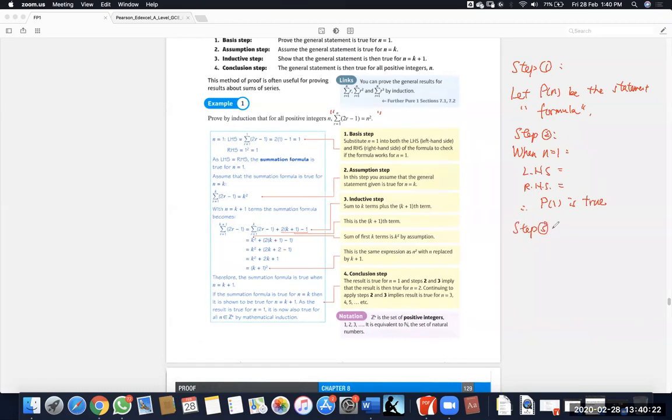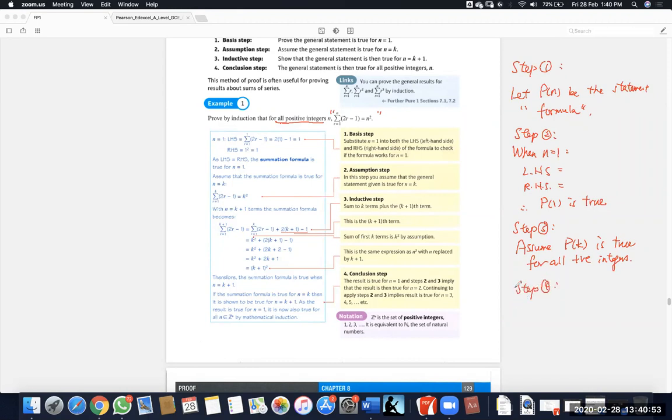Step 3 is assume P(k) is true for all natural numbers. Or you just copy down this statement for all positive integers. And then step 4.